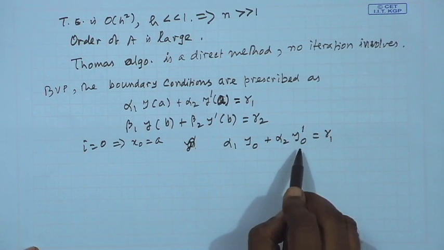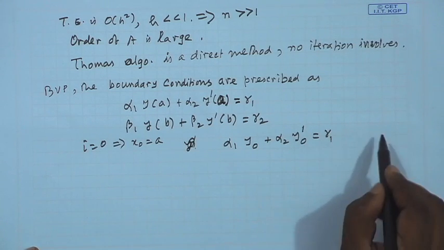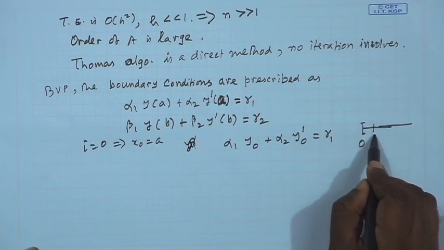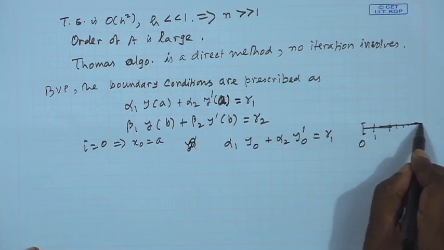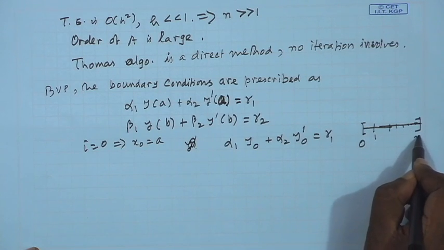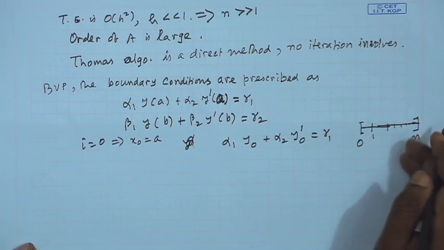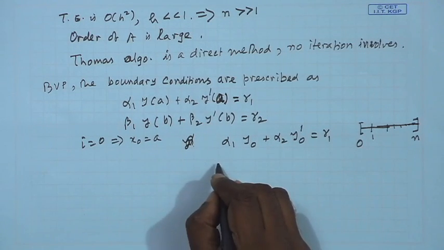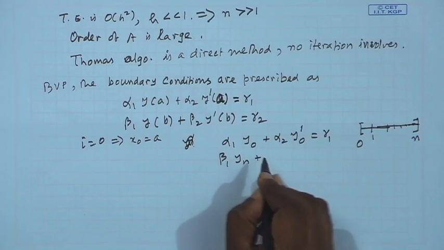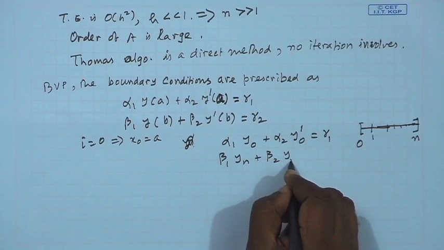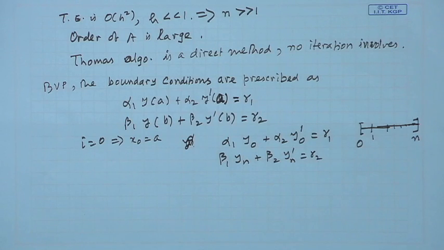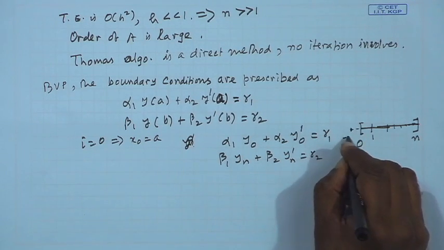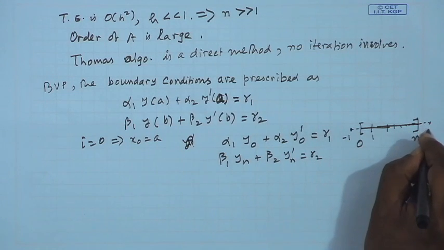Now, if I want to use the central difference over here, but our grid starts from 0, so this is 0, 1, etc., and n is the last point, but the derivatives are involved at y dash 0. Similarly, beta 1 y n plus beta 2 y n dash equal to gamma 2.